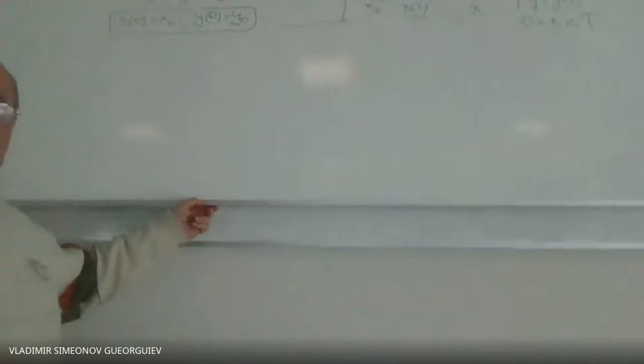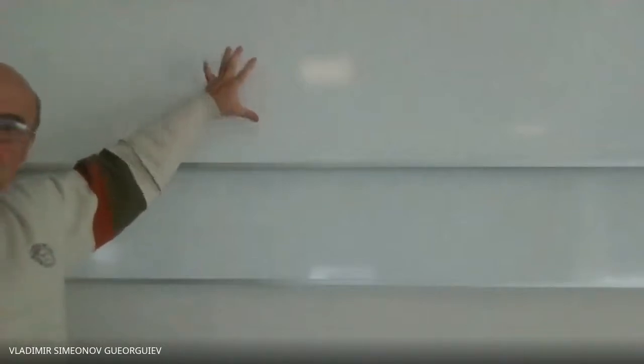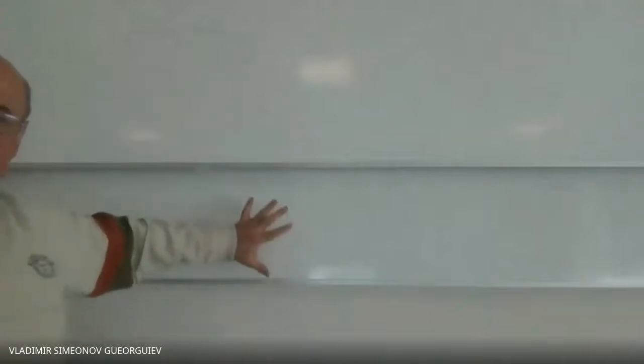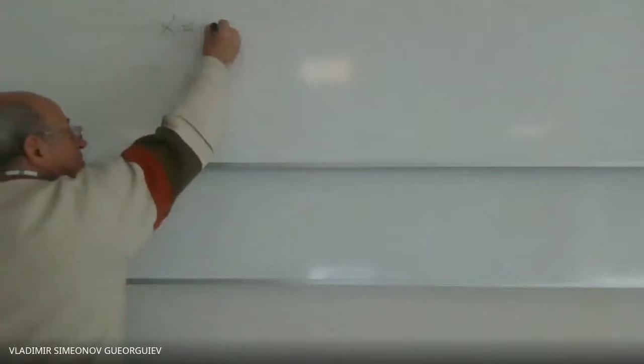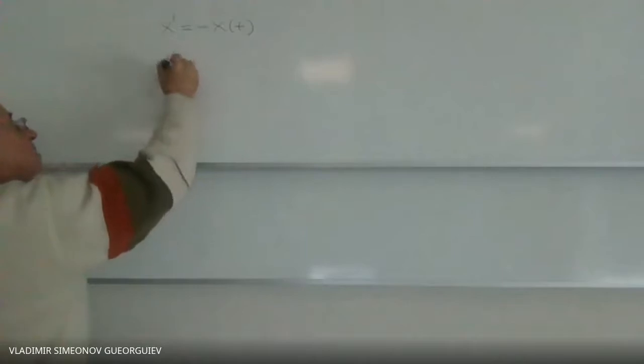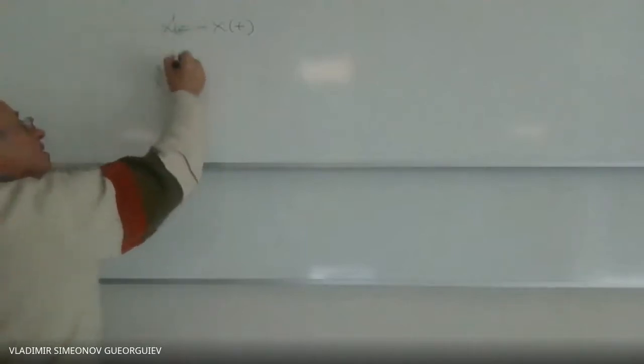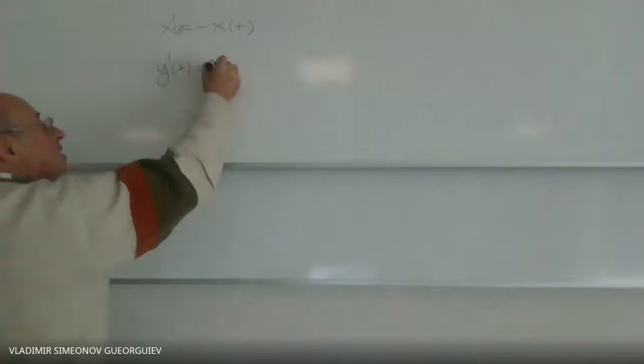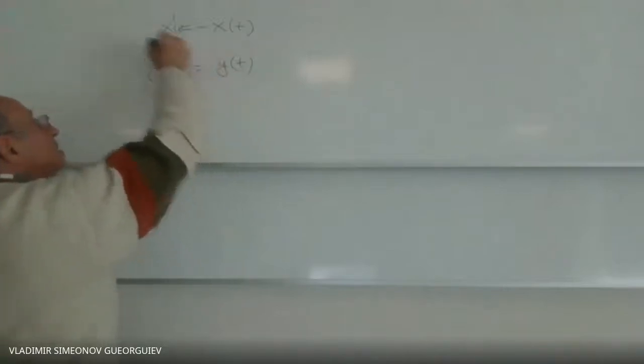Yes, let us... So we are here, and we shall produce here an example. I use this part of the blackboard so students can see, and also you can see. Unfortunately, I cannot use the part below. So let us take x prime equal, for example, minus x, and epsilon prime of t is epsilon(t).